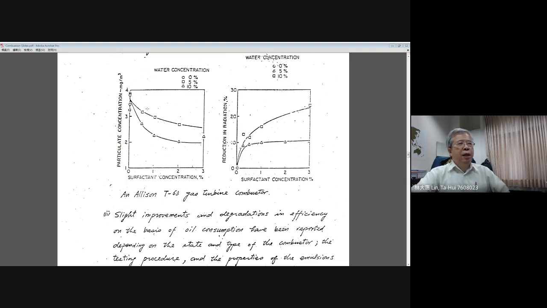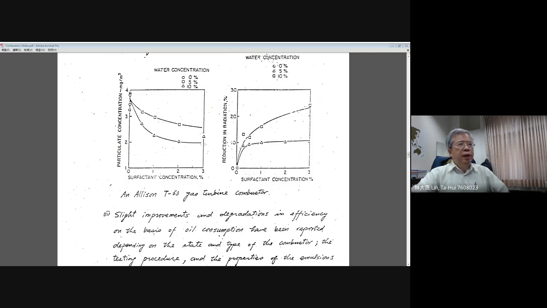Okay, this is the result for adding 5% water mixed with the original fuel. But when you increase the water up to 10%, you can see this curve is much lower than the previous one for the 5% water.